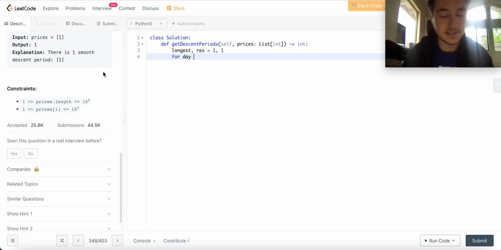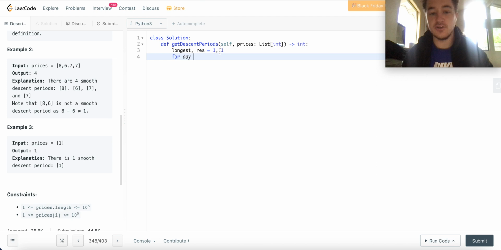The length of prices is always at least 1. So there's always at least one stock, so there's always going to be at least one smooth period of length 1. So we look at each day in range length of prices. But remember, we don't need to look at the 0th day, which is the first day.